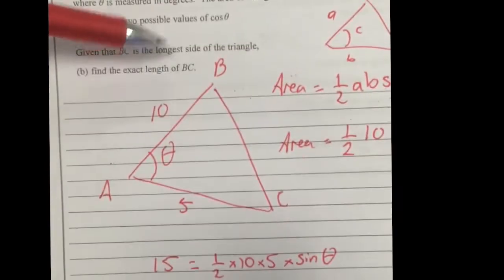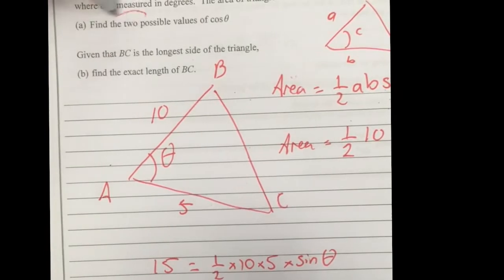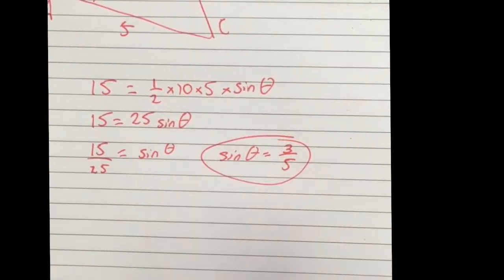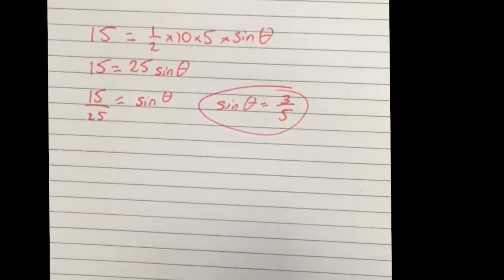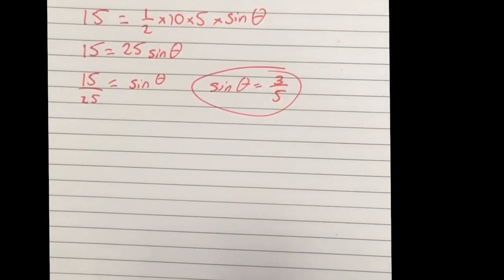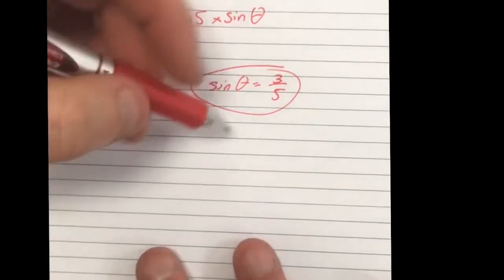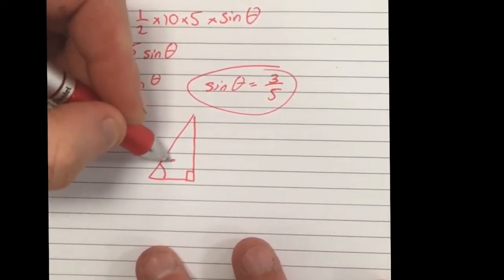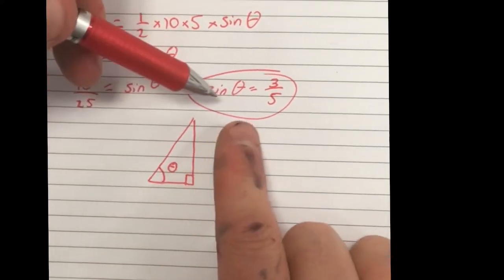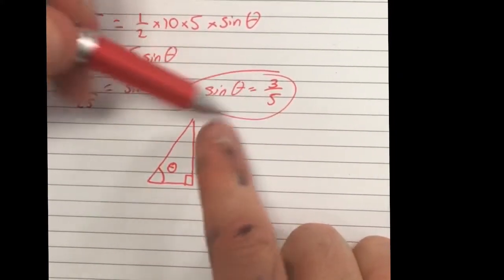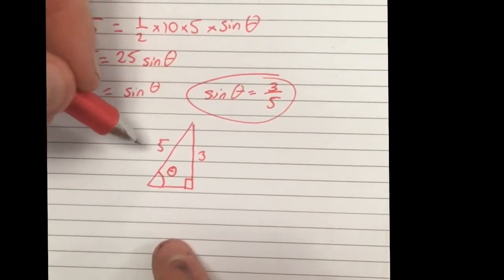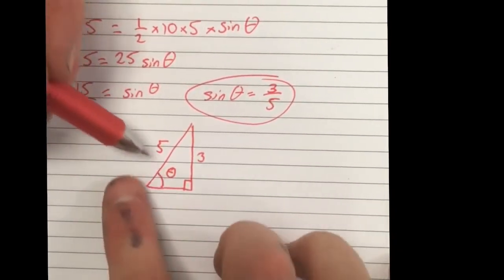Excellent, but they want us to find the two values of cos theta. So we need to go from sine theta to cos theta. A couple of ways you can do this. The easiest one is using right angle triangles. So if I sketch a right angle triangle with an angle, you know sine is the opposite over the hypotenuse. So sine: opposite 3, hypotenuse 5. Cos, however, is the adjacent over the hypotenuse.